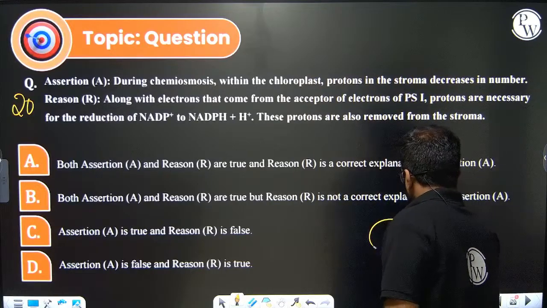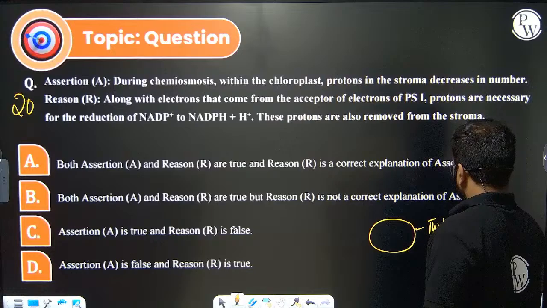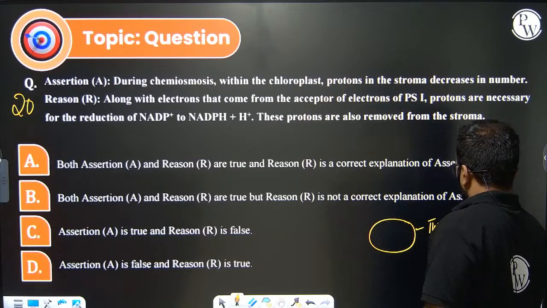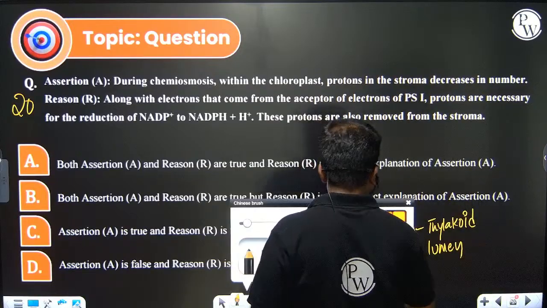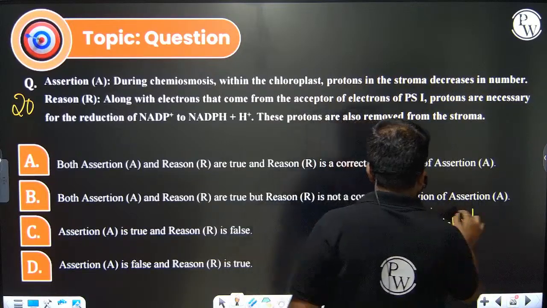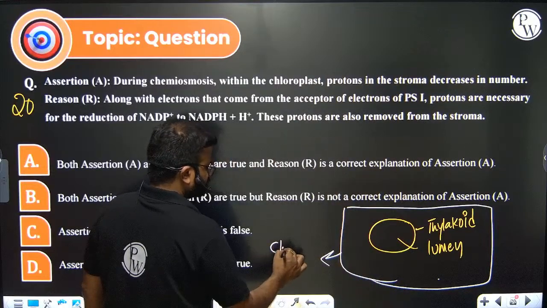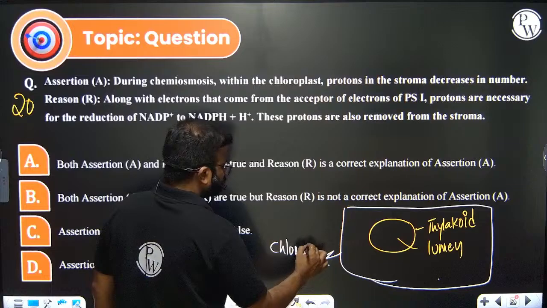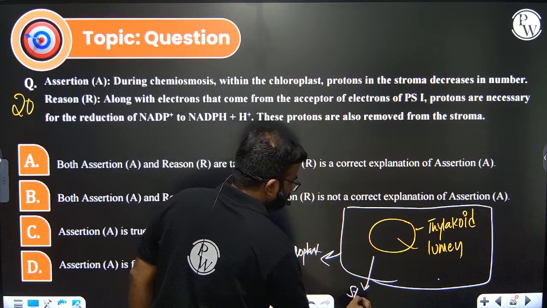So imagine this is your thylakoid. This is the lumen of the thylakoid, and this will be our chloroplast. What is this called? This is called stroma.